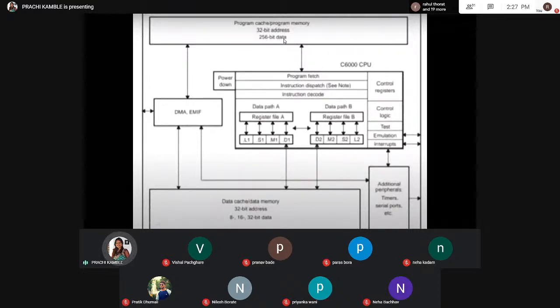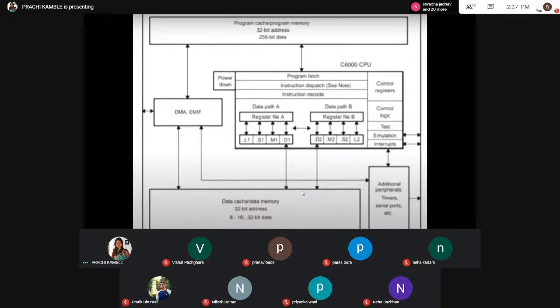In data cache or data memory, there are 32-bit addresses and variable data bits such as 8-bit, 16-bit, and 32-bit. So these are the organization of data memory and program memory.